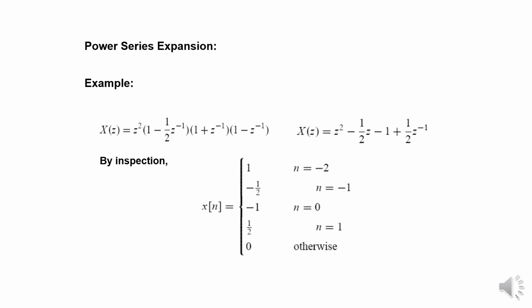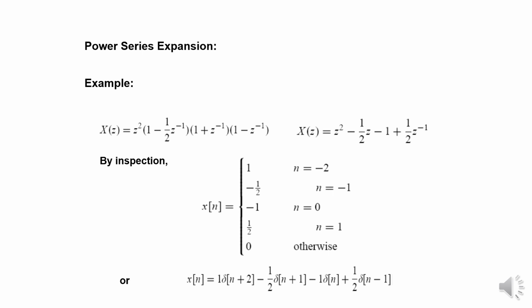We can represent xn using an expression like this. Using weights and unit samples, we can write down xn as 1 delta n plus 2 minus 1 over 2 delta n plus 1 minus 1 delta n plus 1 over 2 delta n minus 1.